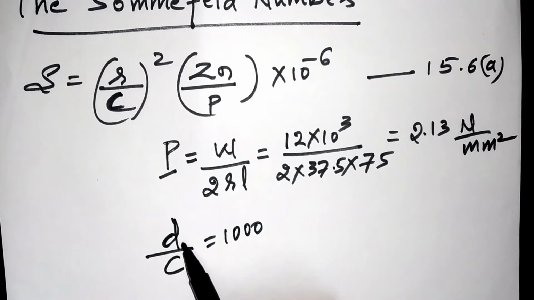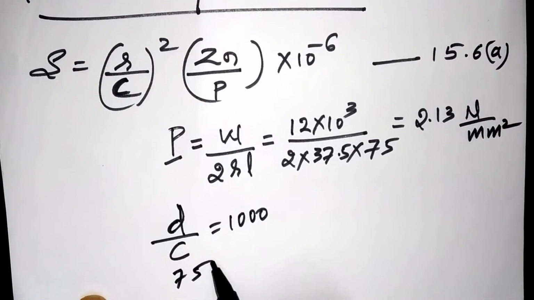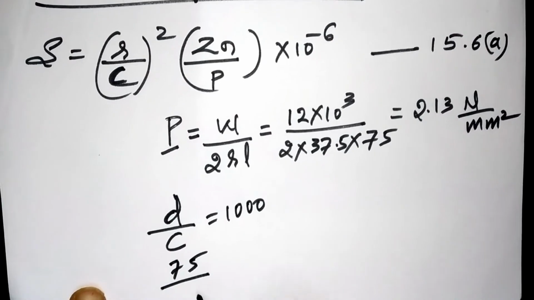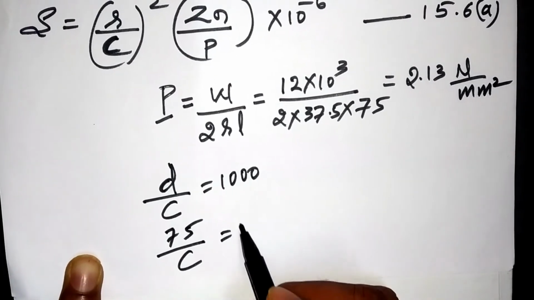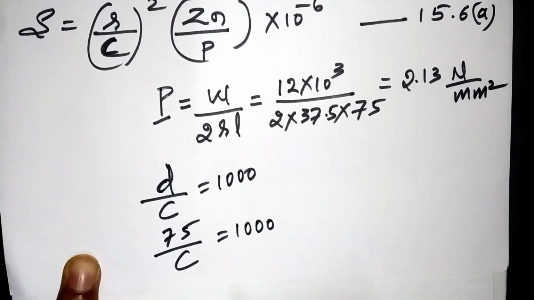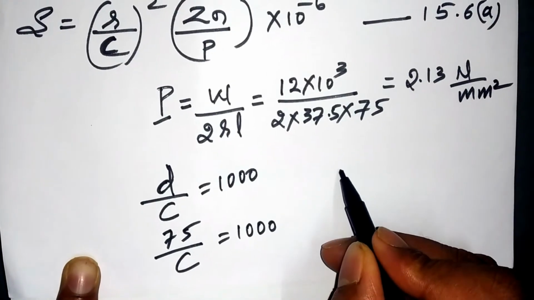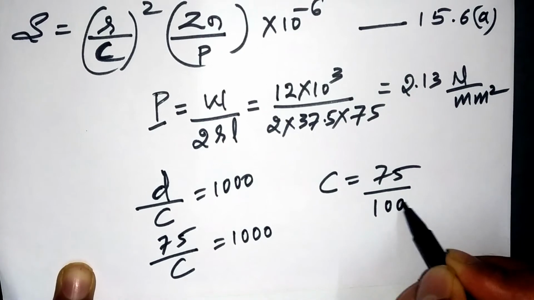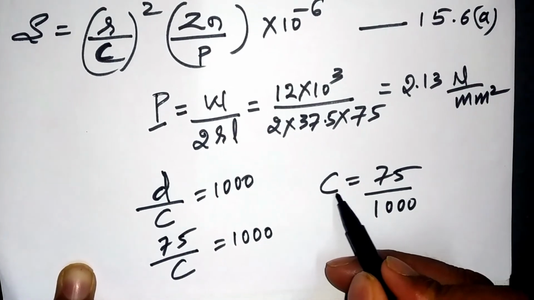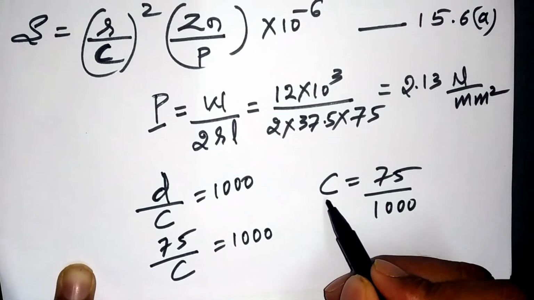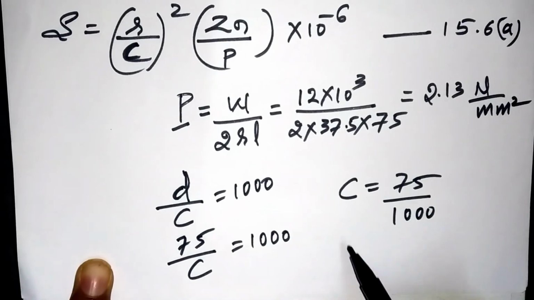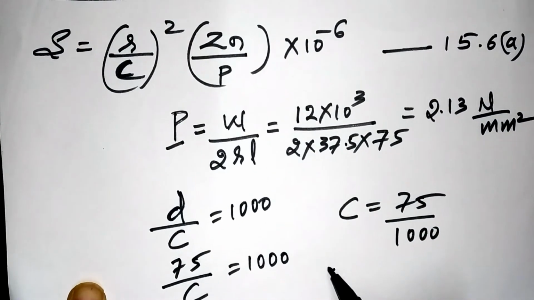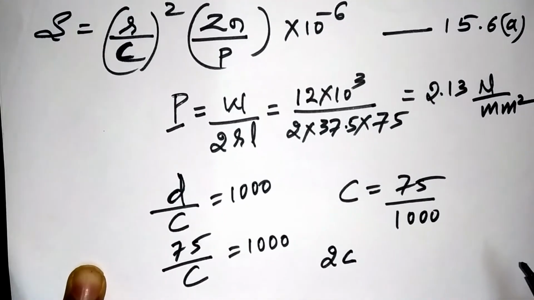Since the diameter is known to us, that is 75, divided by capital C is equal to 1000. Since capital C is a diameter, my capital C is nothing but 2 times the radial clearance.